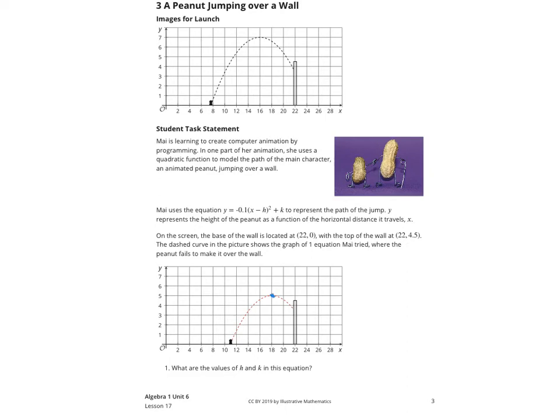That right there is the vertex, that's h and k, so I am over 18, up 5. So that is the value of h and k in this equation. It's the vertex, 18, 5. So the x direction is 18 and 5 in the y direction. Okay, moving on.